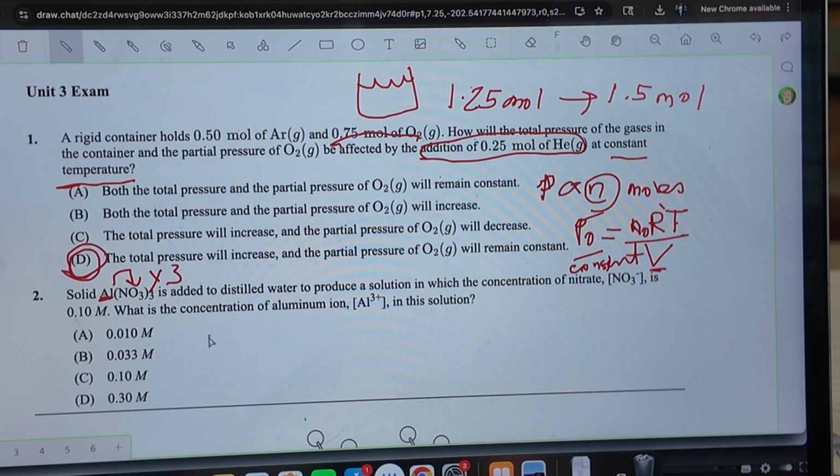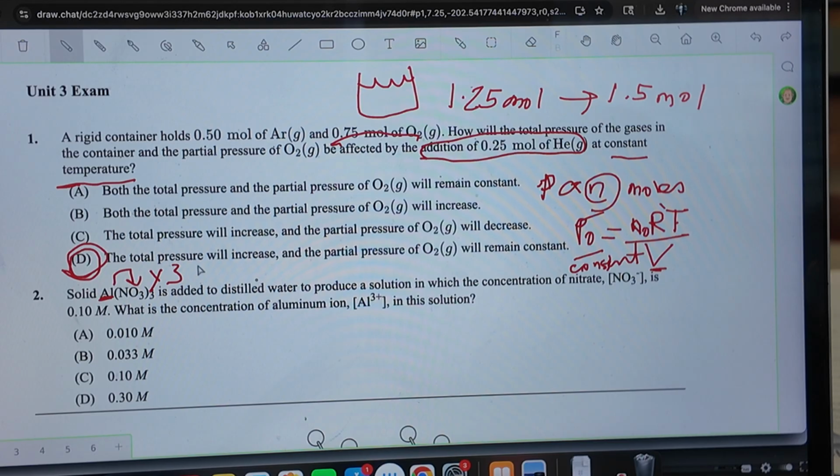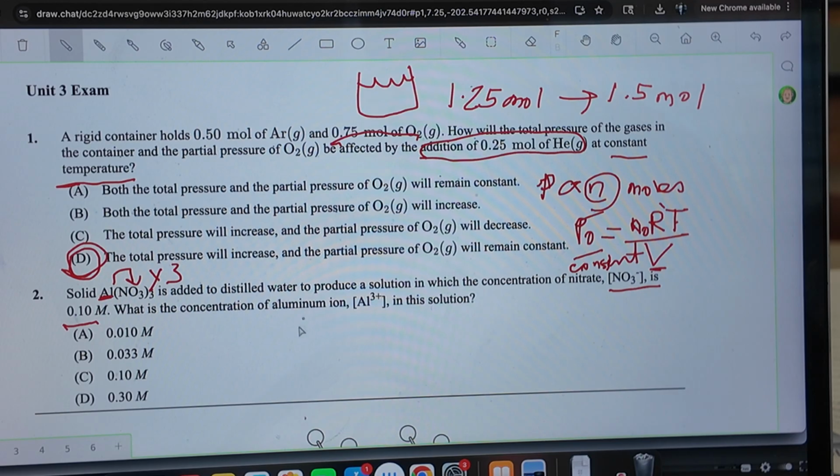So if we figure out how many moles of NO3 there are, we know there's 1/3 of that amount of aluminum. They give us NO3 is 0.1 moles.